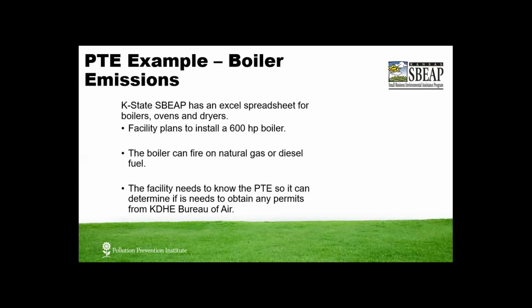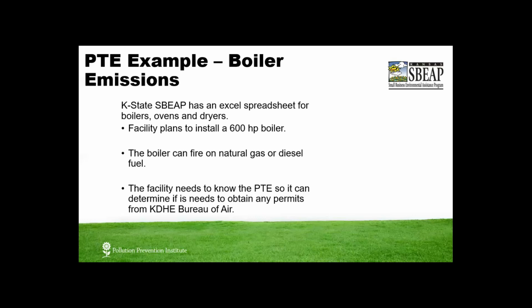However, boiler efficiency counts. So if manufacturer data indicates that this boiler is rated at 600 horsepower with an 80% efficiency rating, you will need to calculate the emissions based on that efficiency rating.